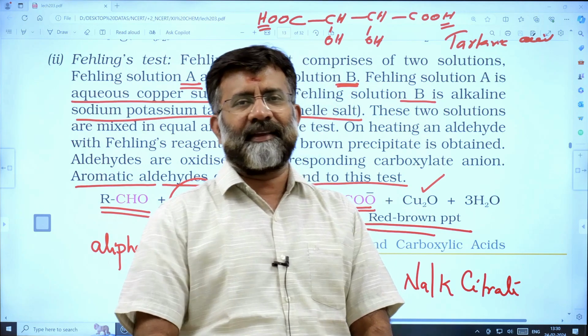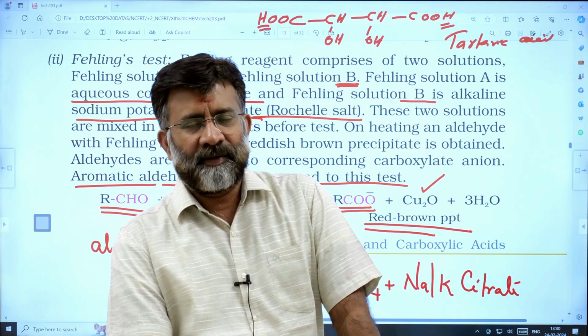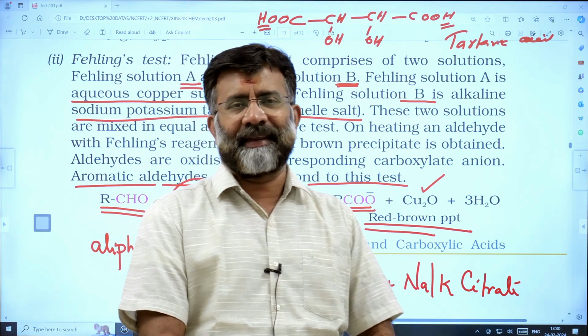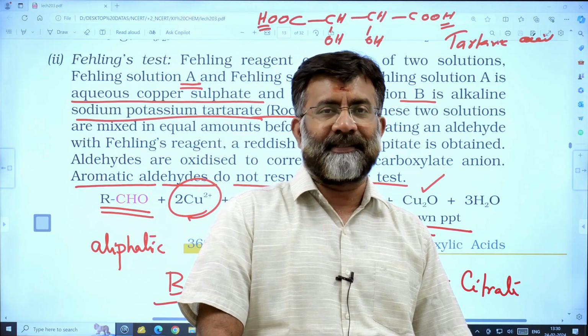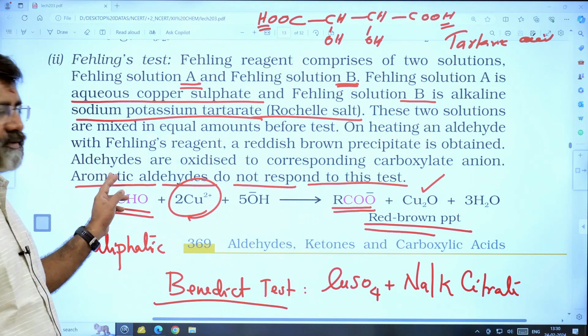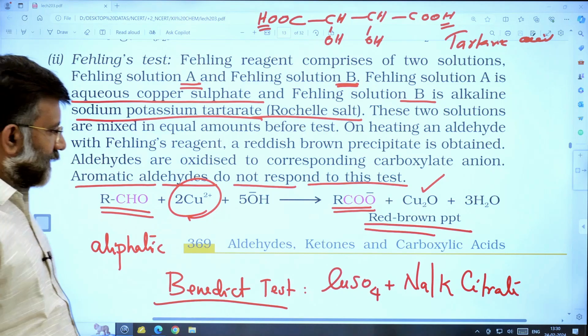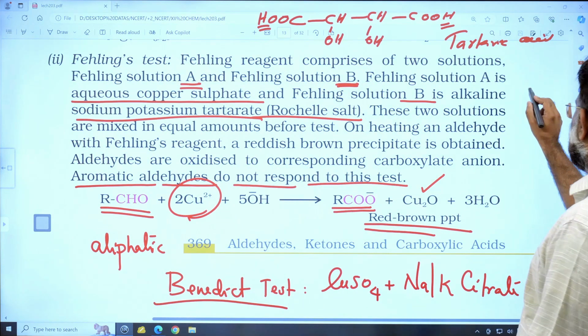Here we were taking tartaric acid; there we take citric acid. The sodium or potassium salt of citric acid with the copper sulfate solution is called Benedict reagent, and the purpose is the same as Felling's solution. And what is citric acid?